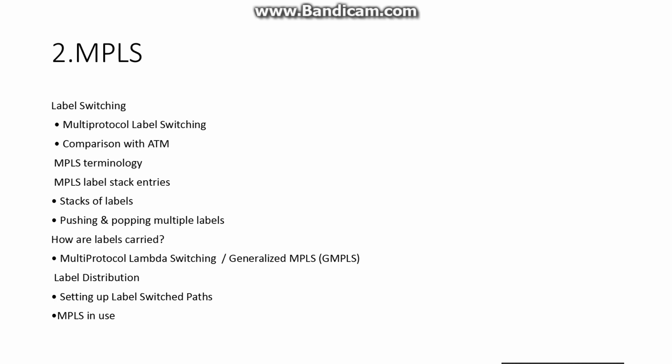Multi-protocol lambda switching is a combination of the control plane of MPLS with the point and click provisioning capabilities of photonic switches. It will enable equipment in the service layer to dynamically request bandwidth services from the transport layer using existing control plane techniques.